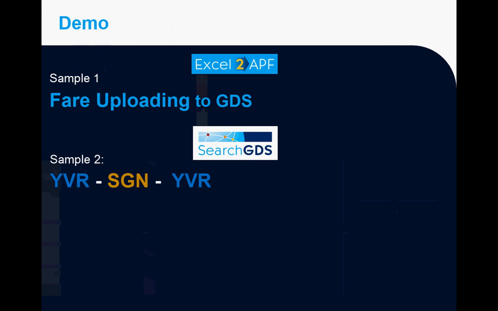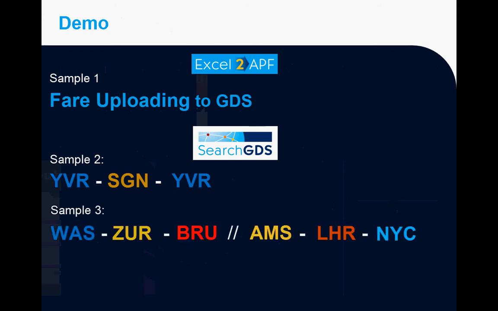We'll fare search a simple return trip from Vancouver, Canada to Ho Chi Minh City in Vietnam. The third is to illustrate booking engine's capability to search multi-stop routing together with 2 open jaws, as illustrated here. The fourth example is to illustrate our booking engine's reporting capabilities.